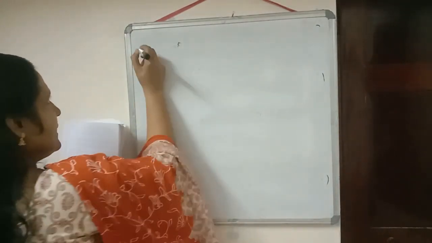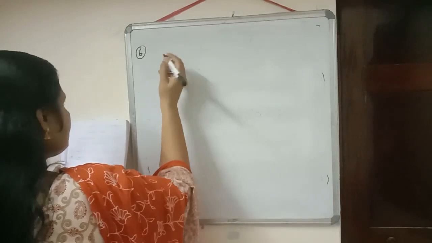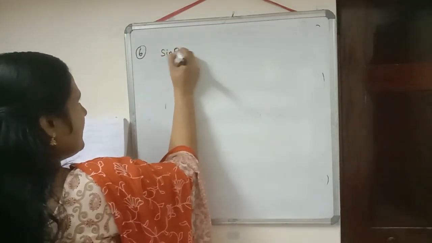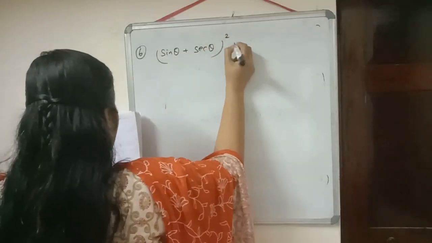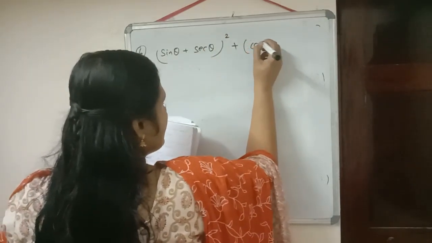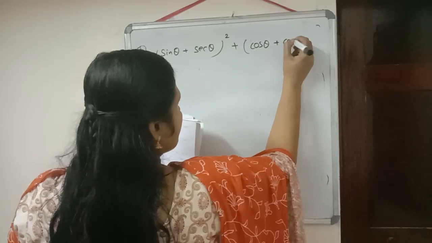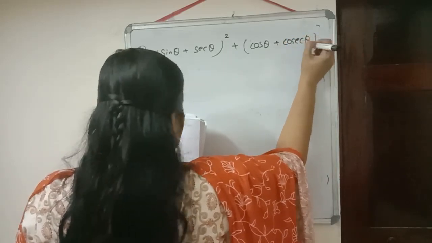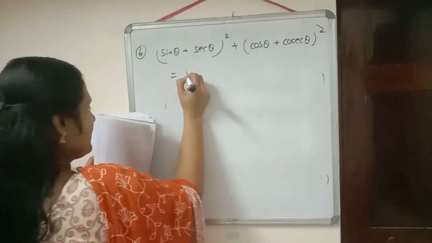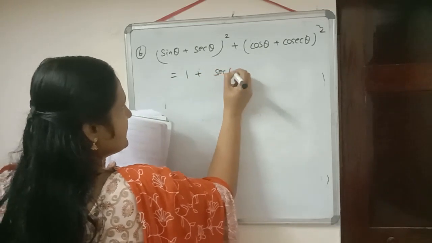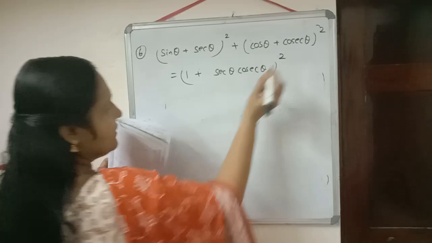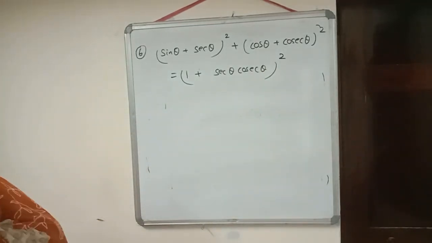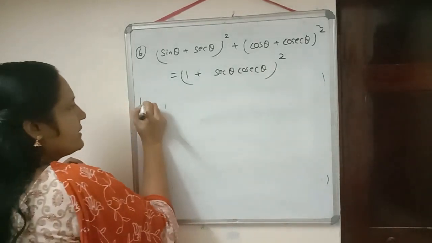Now write down the next question. Prove that sin theta plus sec theta the whole square plus cos theta plus cosec theta the whole square equal to 1 plus sec theta into cosec theta the whole square. So once again we can check, we will simplify the left hand side.